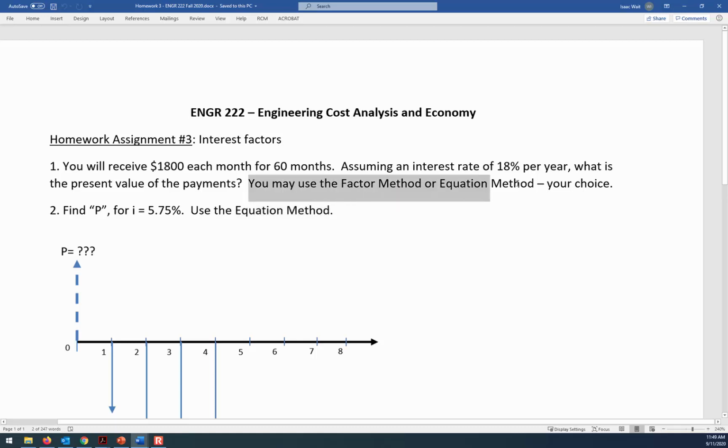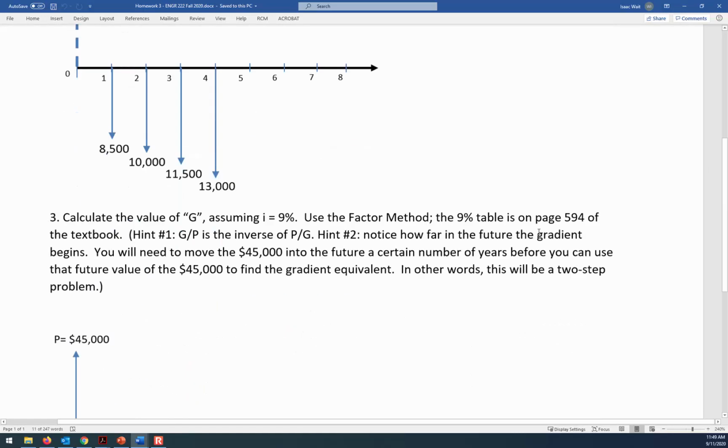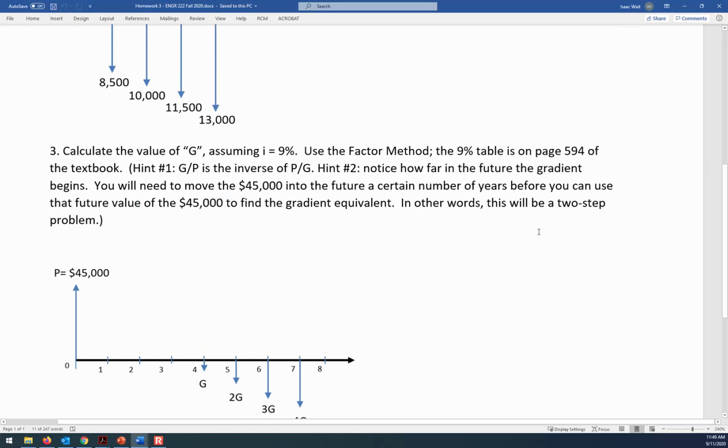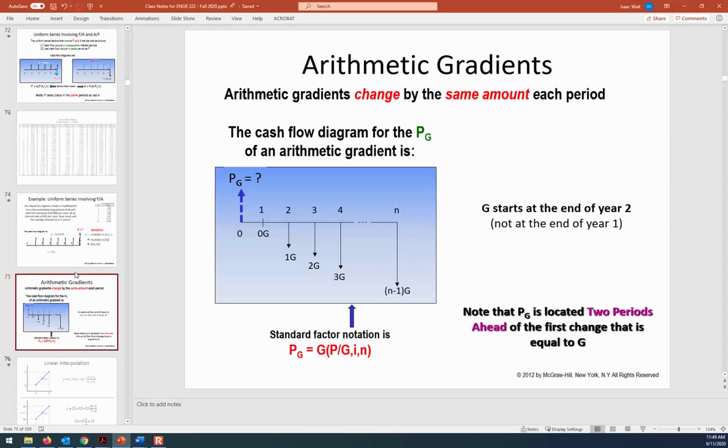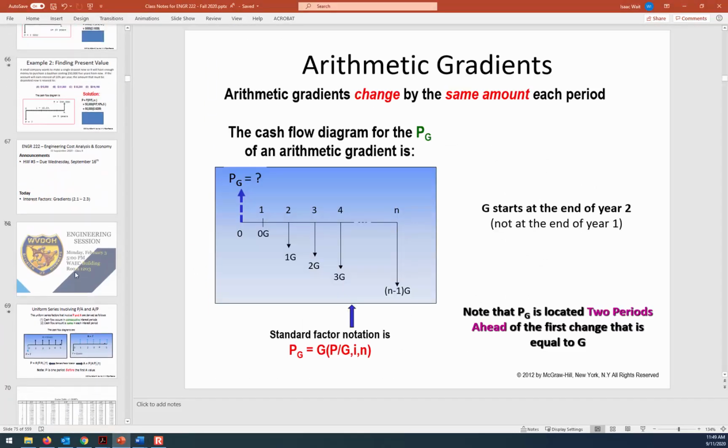This one says it's your choice. Sometimes I won't tell you either way. So this one says use the factor method. But later in the semester, we'll get to the point where I'll just ask you the question, but I won't tell you which way you have to solve it, and then it's whichever way you prefer.